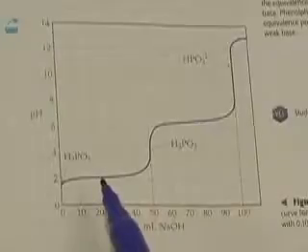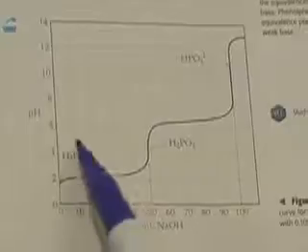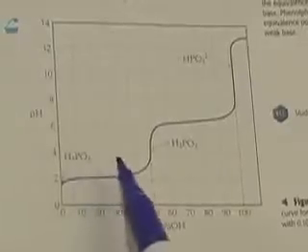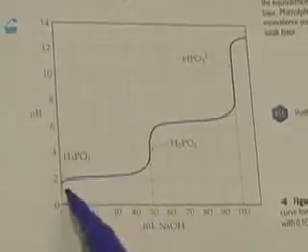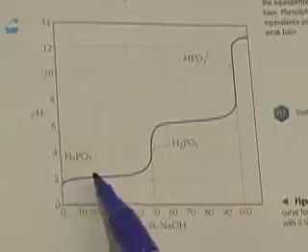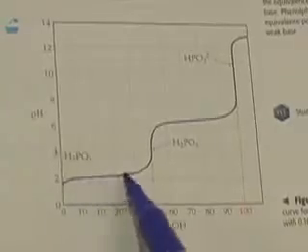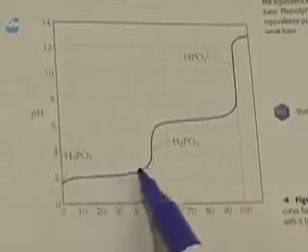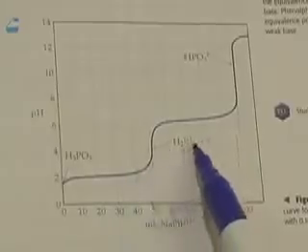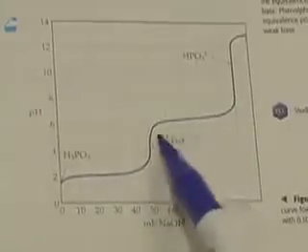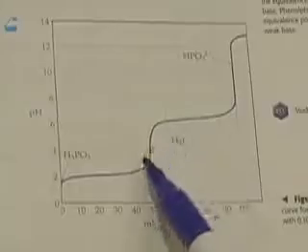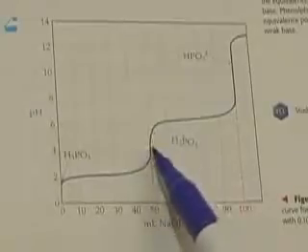Neutralization of H3PO3, which is phosphorous acid right here, proceeds in two stages. First of all, the H3PO3 reacts with some OH- until it starts to produce a lot of H2PO3- right here, and it jumps quickly and forms an equivalence point right here.